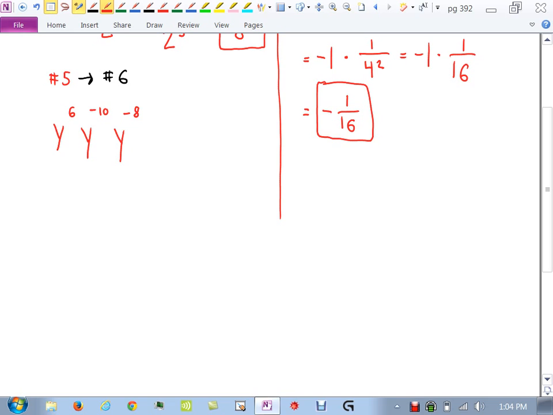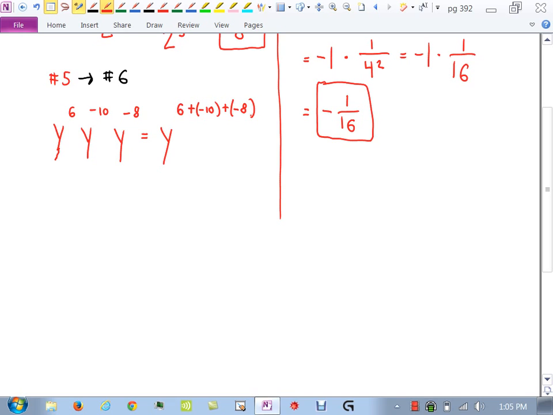Now, this is the property of exponents that said that if you have the same bases, which we do, and we have different exponents, we will do what with the exponents? Add them up. Now, it might turn out to be subtraction because if we're adding a negative, it's the same as subtraction. But I'm actually going to do y raised to the 6 plus negative 10 plus negative 8. I mean, that's technically what I'm doing, right?